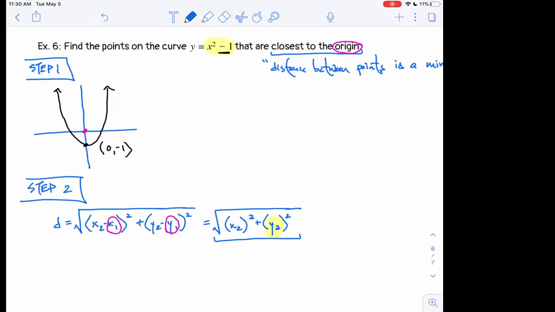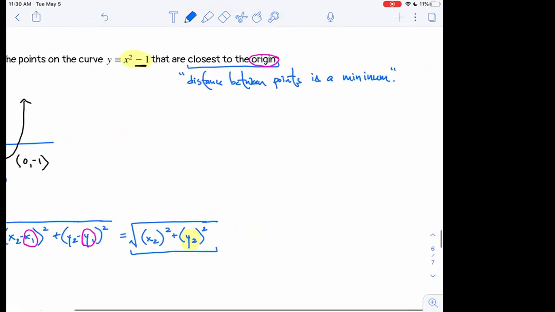And so what we can do is write this as the square root of x squared plus, everywhere I see the y, I'm going to put (x squared minus 1) squared. Again, this came from another way to say y.